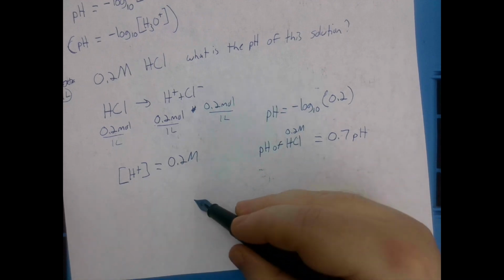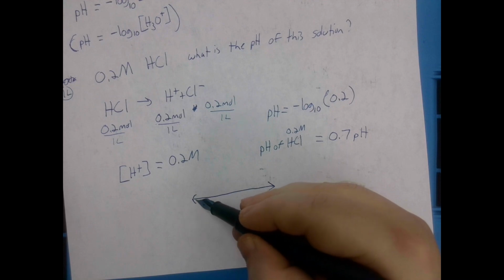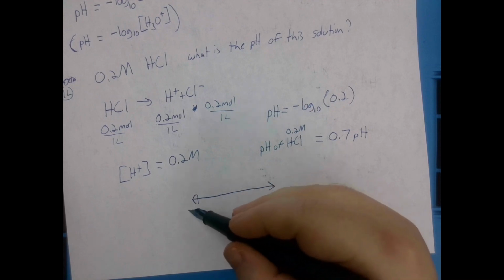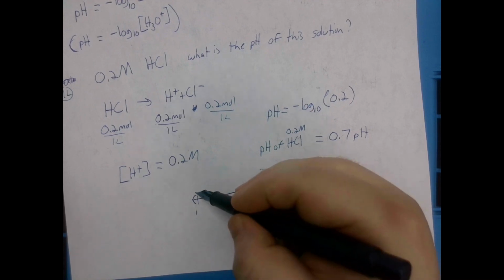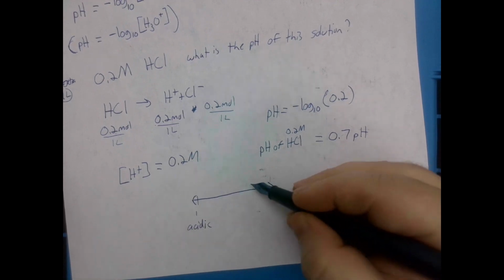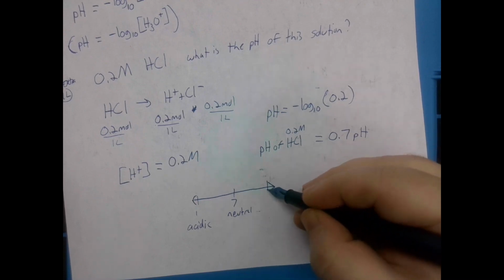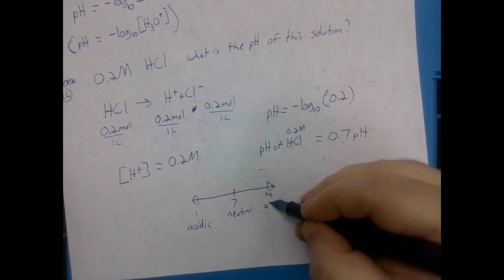And recall that we have a scale. We need to get to 0 or less. The more to the left we are, the more acidic. 7 is neutral. And 14 is alkaline.